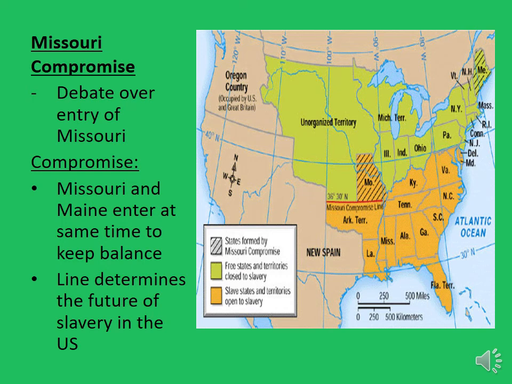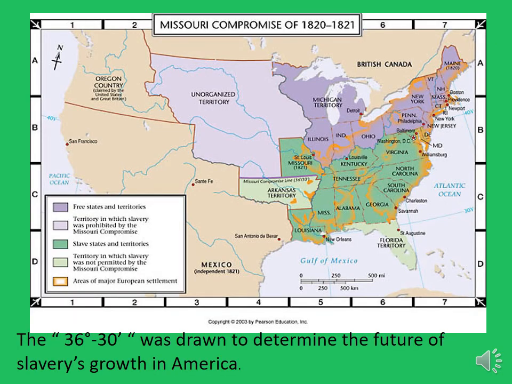That anything north will be a free state, and anything south will be a slave state. So basically, just reiterating, the 36°30' parallel was to determine the future of slavery's growth in America.